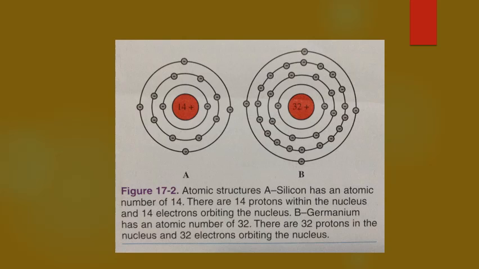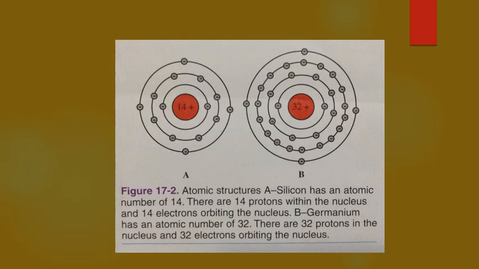The atomic number of germanium is 32. Recall that the atomic number is the number of protons or electrons that make up an atom of an element. Therefore, silicon has 14 electrons in its orbit. Germanium has 32 electrons in its orbit.